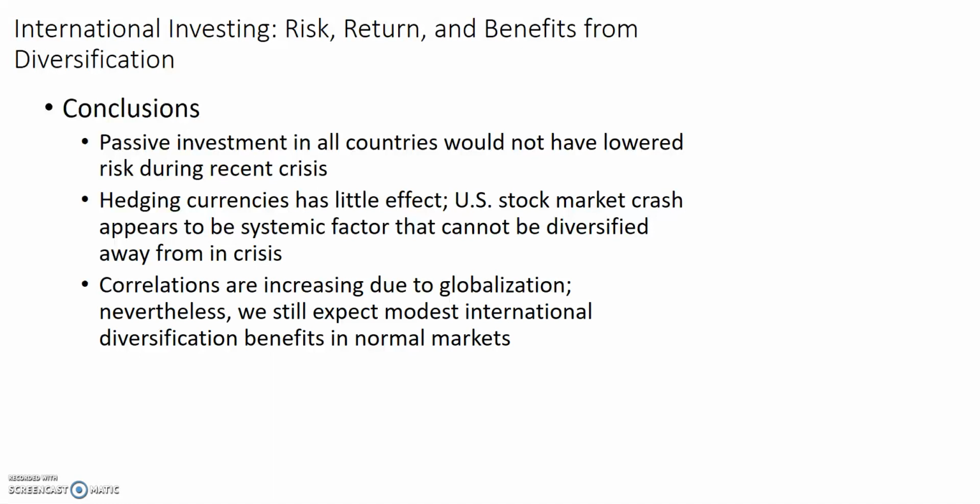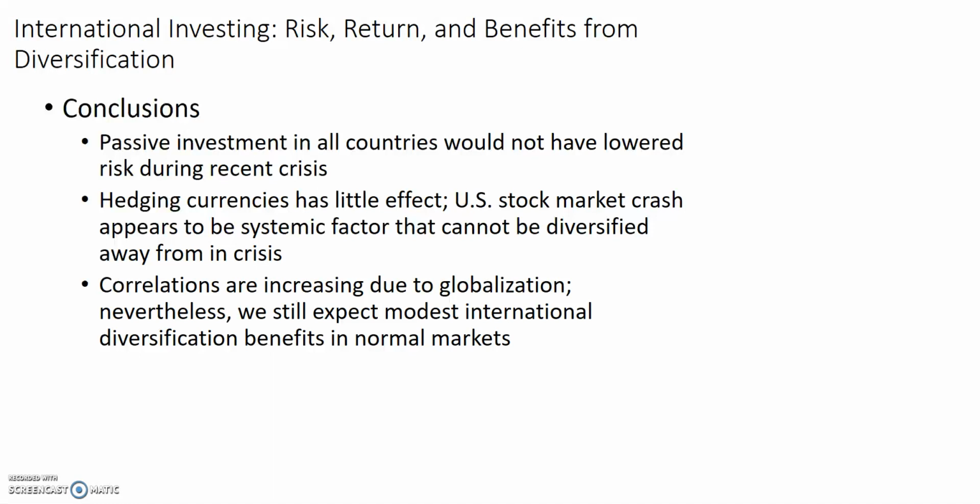This is through the practice known as hedging, and you can hedge currencies. However, this has little effect in that the U.S. stock market crash appears to be systemic, and that means it's going to impact other countries.